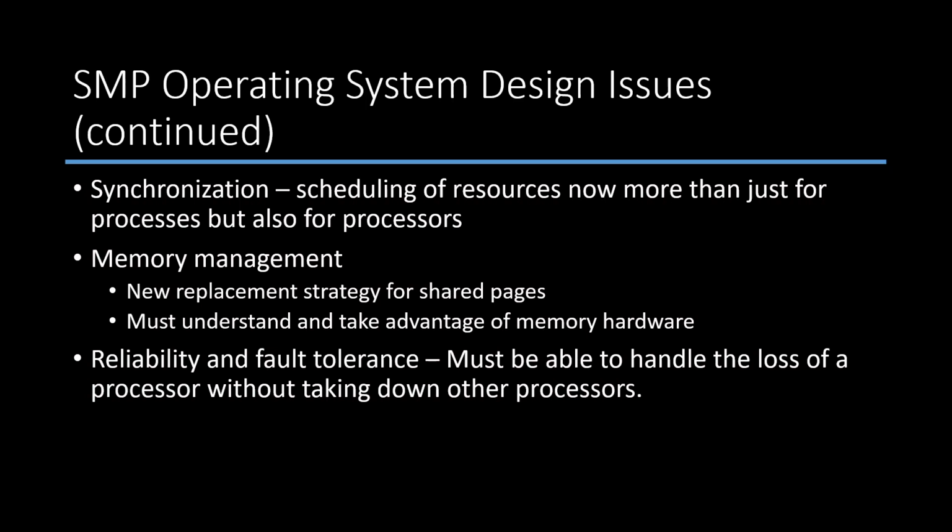Sometimes the operating system does something called polling, where it actually polls and waits for a response from each one of these cores. Either way, we need to be able to detect when a processor has failed and make sure that it does not corrupt the operation of the other cores.